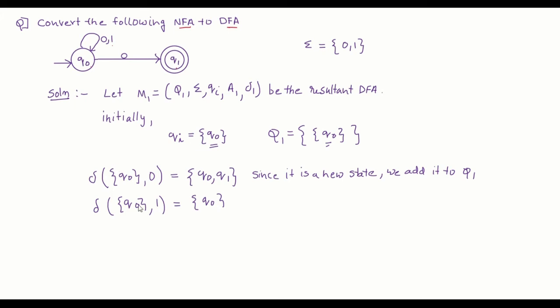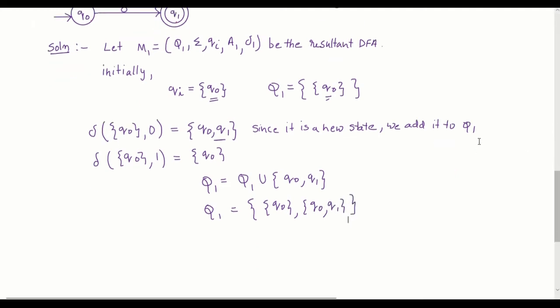So at the end of this first iteration, the new value of Q1 will be the old value of Q1 union the newly added state, that is Q0 Q1. So the new set Q1 will now look like this. It will have Q0 as well as a new state, Q0 Q1, which was just discovered in the previous iteration.